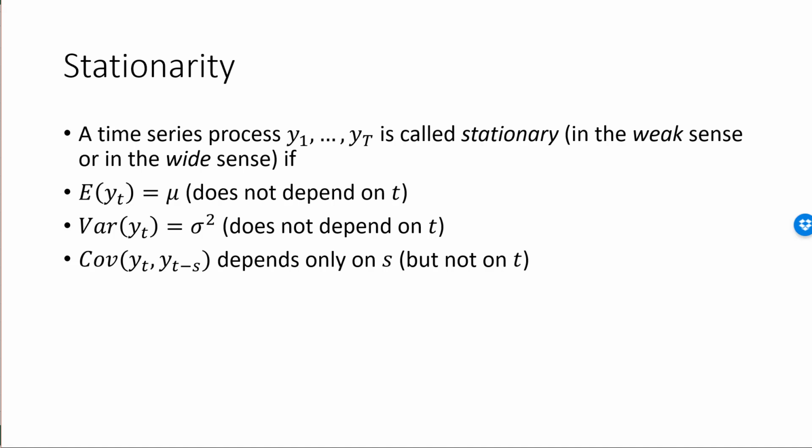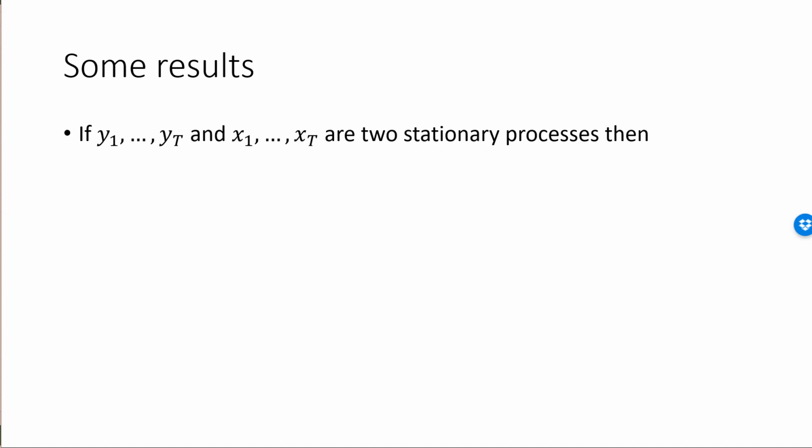So finally, let's look at a couple of results that are useful when dealing with stationary time series. We are not going to prove them in this lecture, just note them. The first one is the following. If I have a stationary time series process, then if I multiply each observation of the time series process, the yt, with a constant c, so I get cy1 all the way to cyt, then it's still going to be stationary.